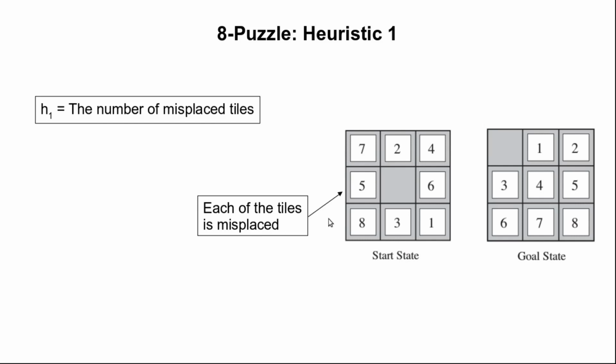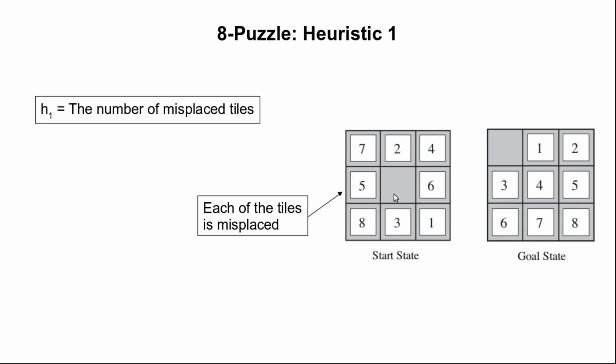For example, tile number 7 in the start state is at the first row first column, whereas the actual position of tile 7 in the goal state is third row second column. So tile number 7 is not at the correct place.